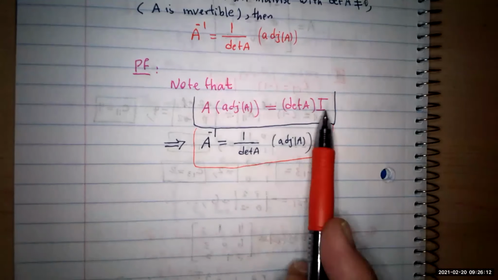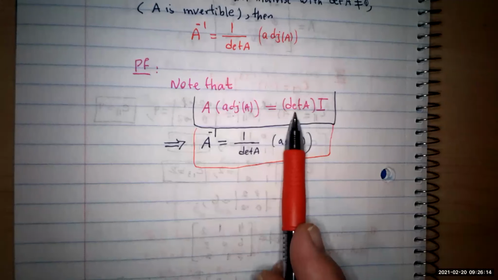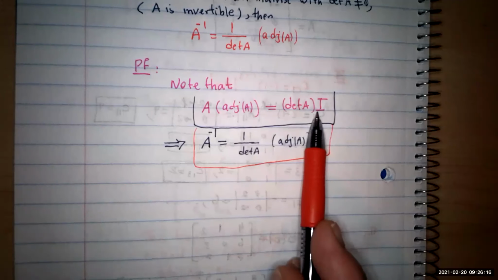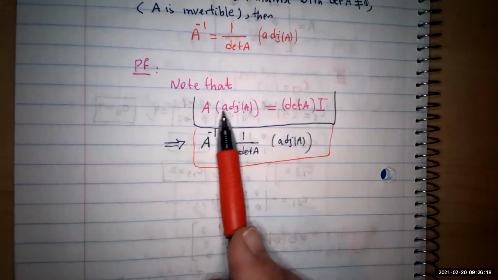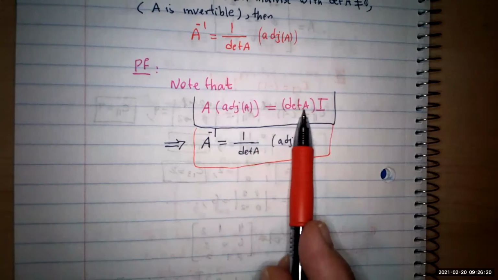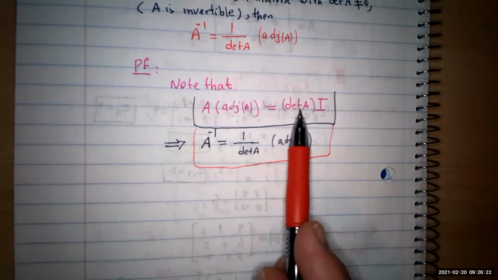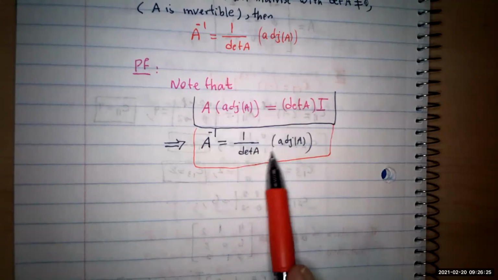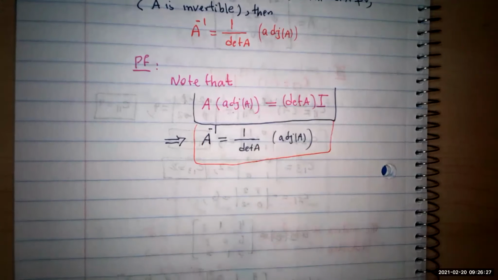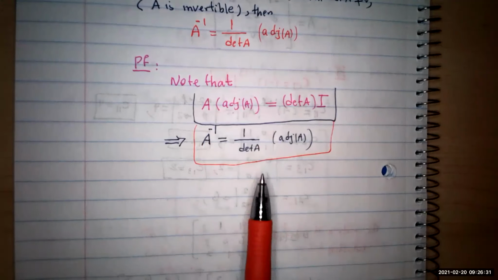What we did was divide both sides by the determinant of A first to make this one I. So the inverse would be the adjoint of A divided by the determinant of A, divided by a number. We usually write it down in this format. So make sure to memorize it.